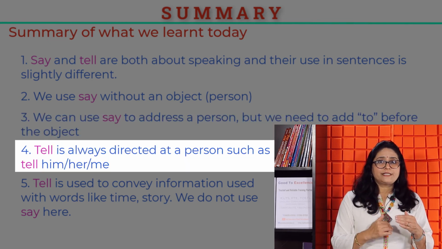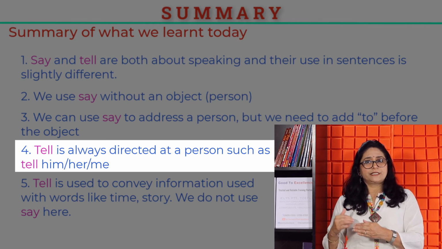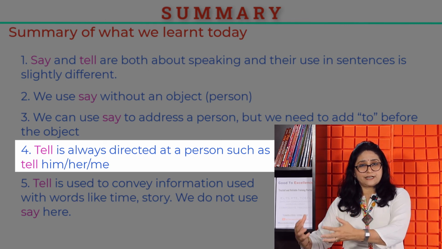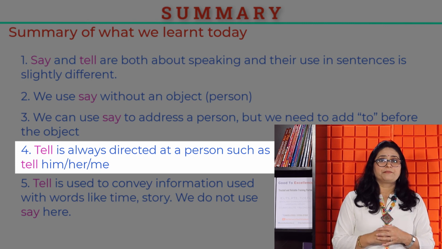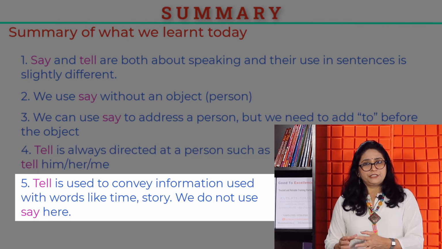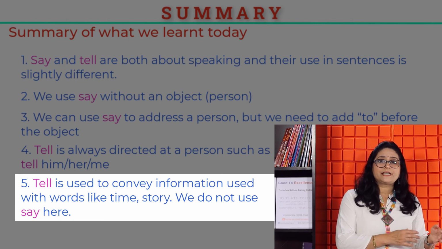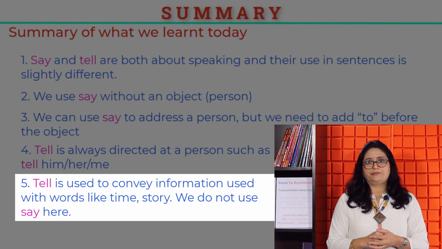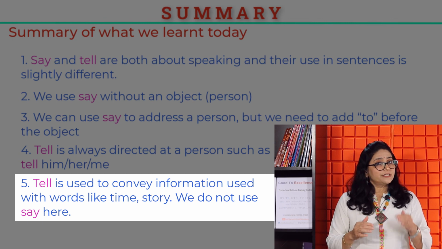Tell is always directed at a person, such as tell him, tell her, tell me. Tell is used to convey information, used with words like time and story. We do not use say here.